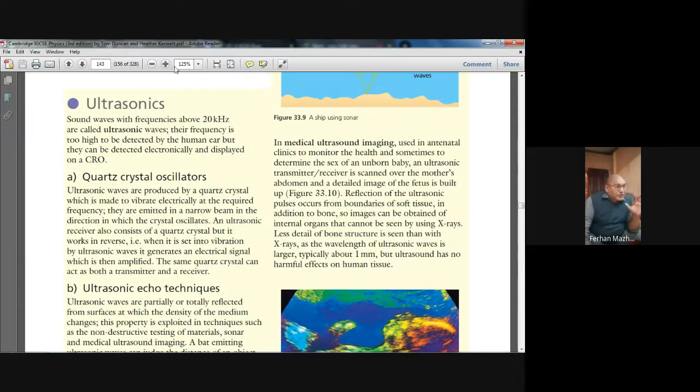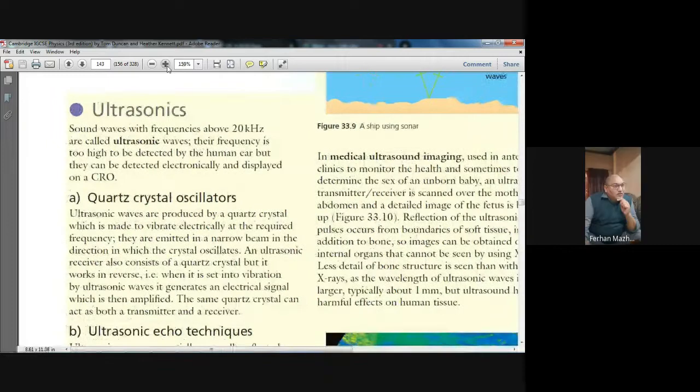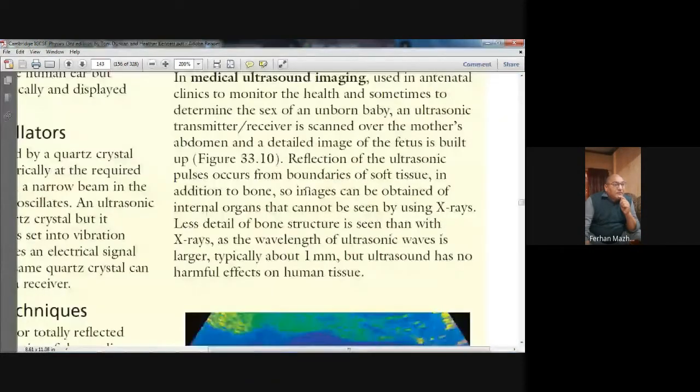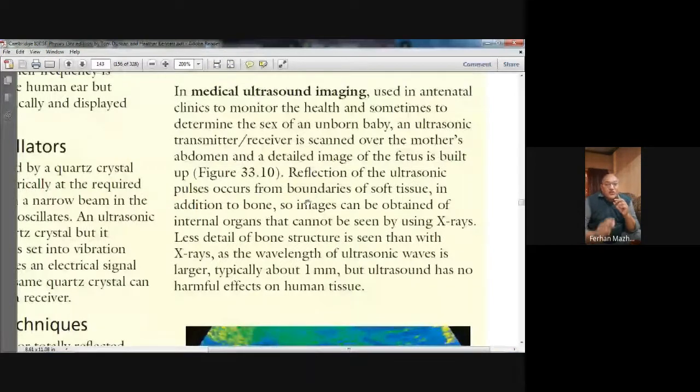This procedure which I just talked about is very, very important. In paper, it has come many times that you have to write for 2 marks or 3 marks how the ultrasounds are used for making the image of the fetus.